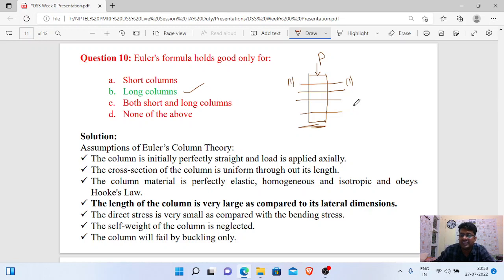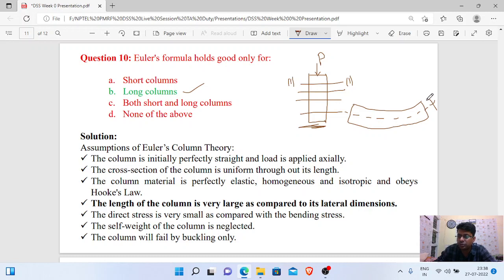But suppose in the case of a beam, when you have studied bending of beams in strength of materials, let us suppose this is the neutral axis of this beam. This beam is under pure bending. Above the neutral axis, we know the upper part is under compression and below the neutral axis it is under tension.